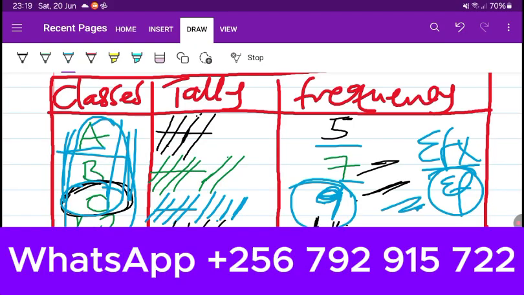We can also compute the median, the number that is in the middle. For the median we just use the frequency. We take this frequency over 2 and we get the number in the middle, or the median class. So we are limited; not all mathematical computations are going to be handled here.